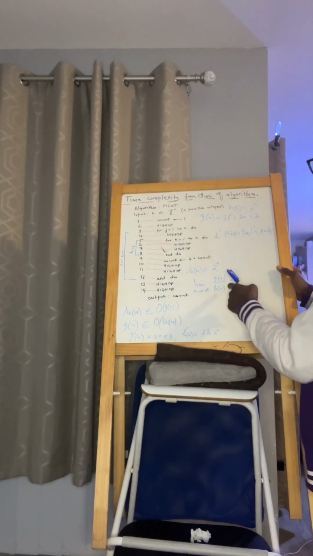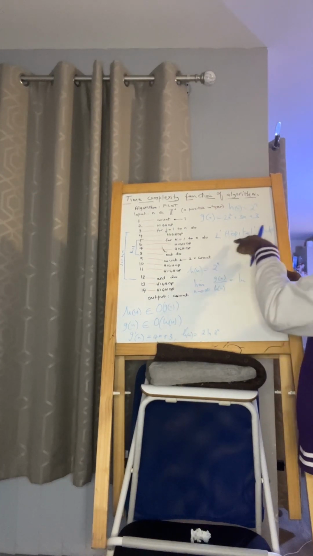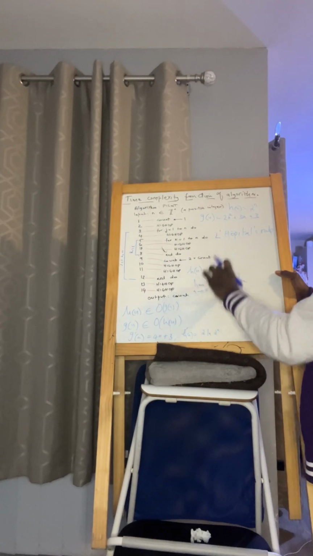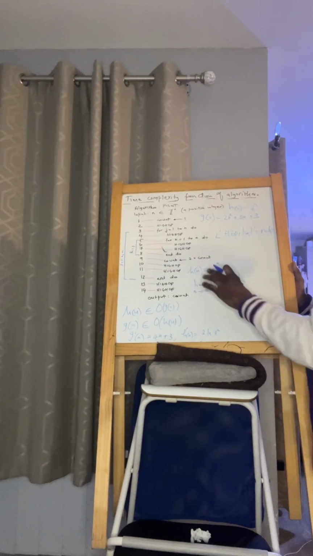So now, the limit, we are using L'Hopital's rule. So what we do, we find the limits. We differentiate the functions, and then we still try to find the limit.